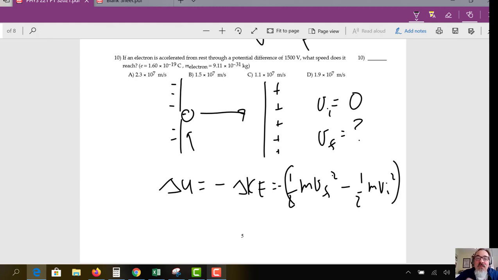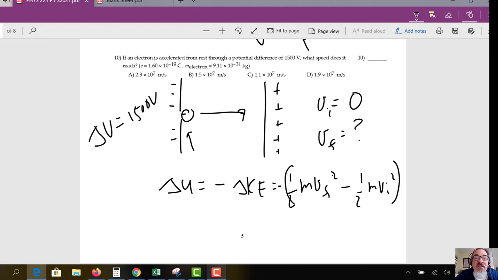It turns out in this one, if the potential difference was 1500, we're going from a lower potential to a higher potential, right? Because this is the negative side, this is the positive side. So delta V in this problem is actually equal to 1500, not minus 1500. It's because where you end up, the positive plate, that potential is greater than where you started, the negative plate.